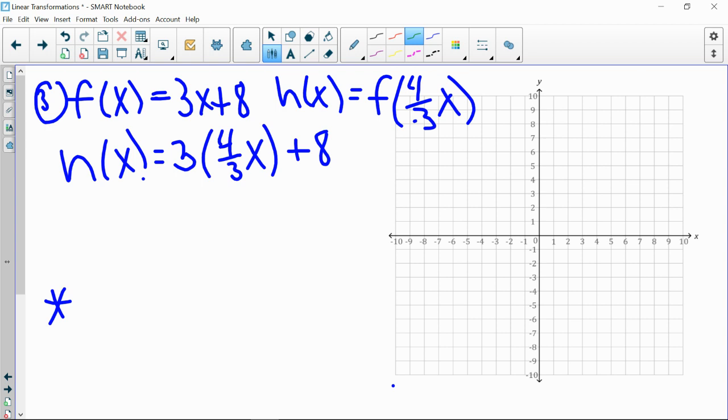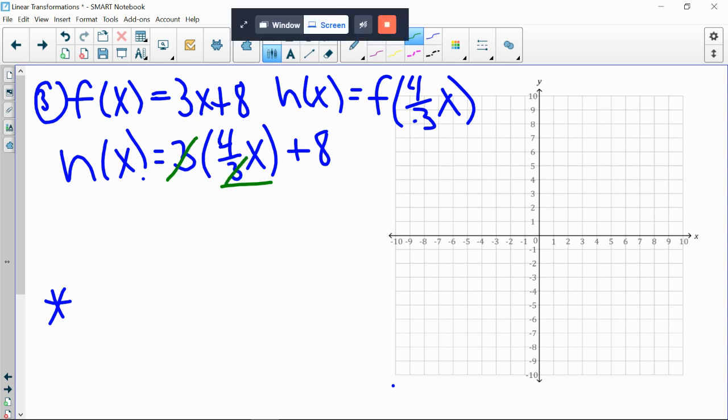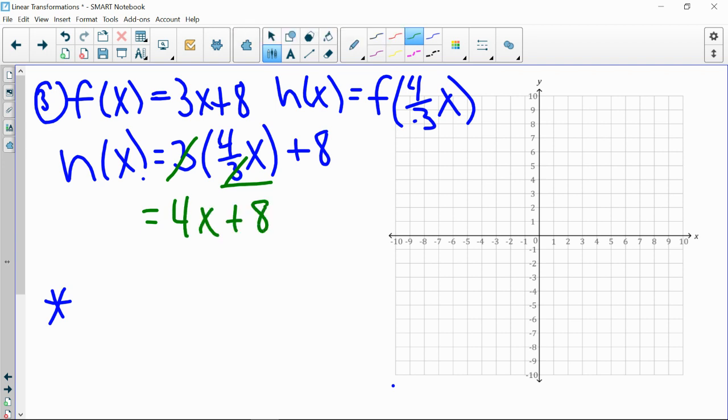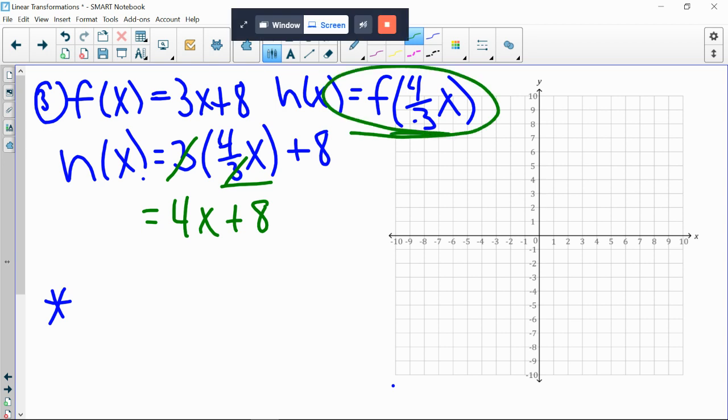Okay, so you plug in 4/3 x into x in the equation, and 3 times 4/3 just means the 3's cancel out, and then you get 4x plus 8. Note that the new function doesn't really tell you what the transformation is. The transformation is all based off of the rule that they gave you.